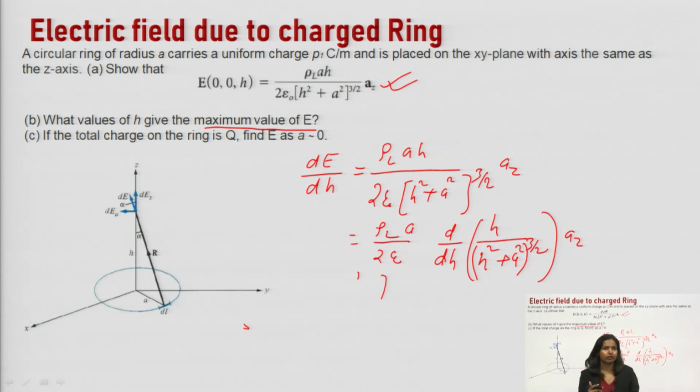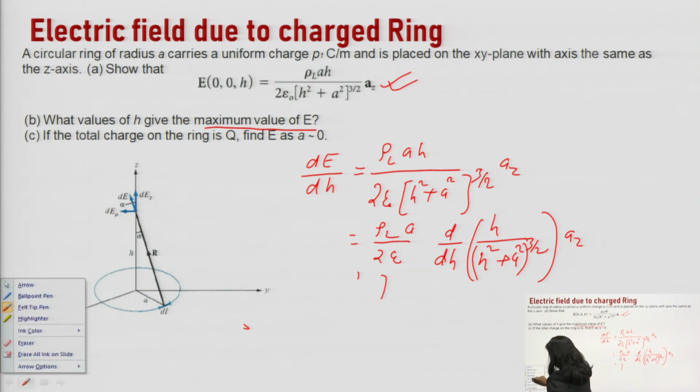Now this term, h by (h square plus A square) whole to the power 3 by 2, is in the form of u by v. So we will apply that formula of differentiation here.